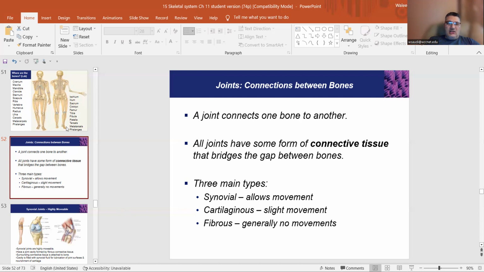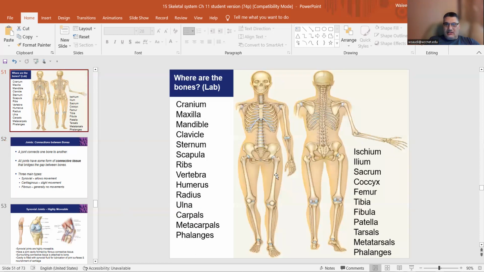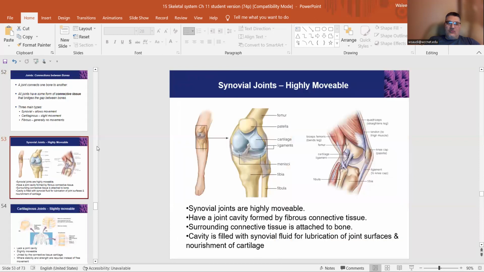So if you go to these long bones, like here, look at this. This is the femur. It makes a joint with this tibia. Any joint like this, humerus with the ulna and radius, humerus with the scapula, any joint in the long bone is called a synovial joint.